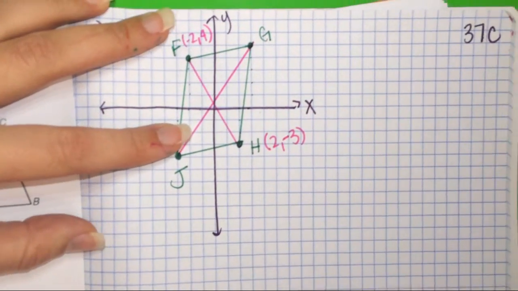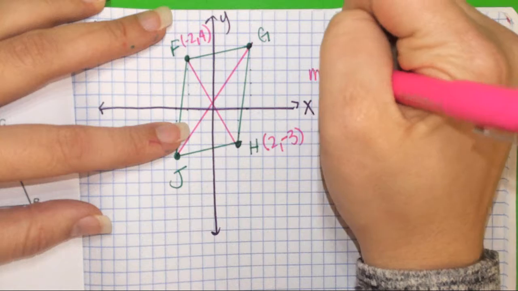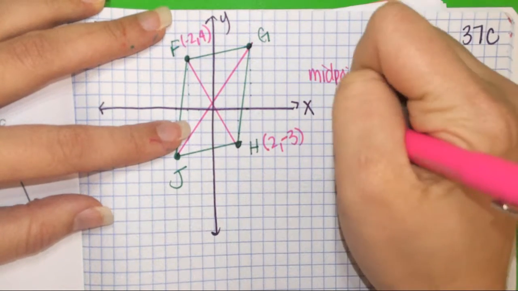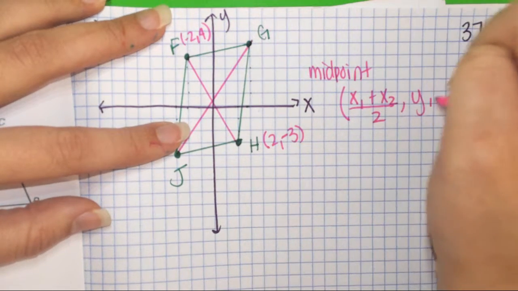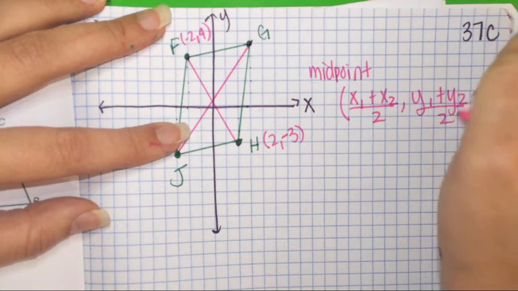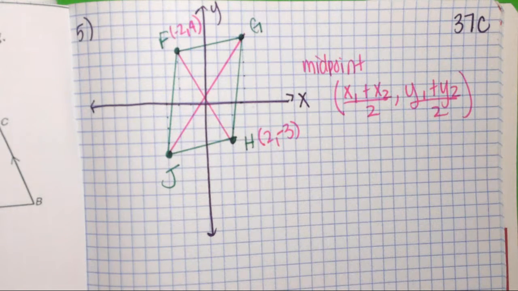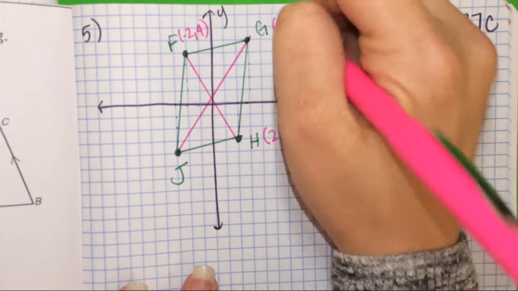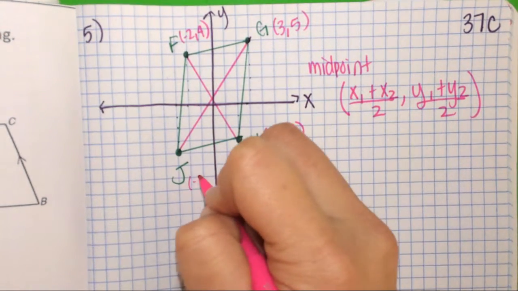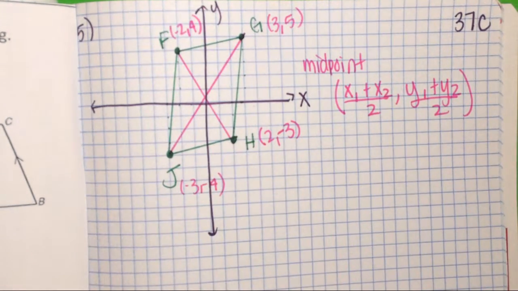Now, in case your memory bank has forgotten what the midpoint formula is, I'm going to help you. It's x1 plus x2 divided by 2, and y1 plus y2 divided by 2. Now, do you think we should find the midpoint of both of them, just to make sure that they're the same? Make sure we didn't do anything crazy? Alright, so we're going to start by finding the midpoint of FH.